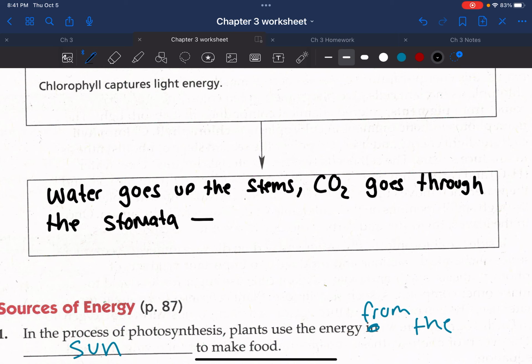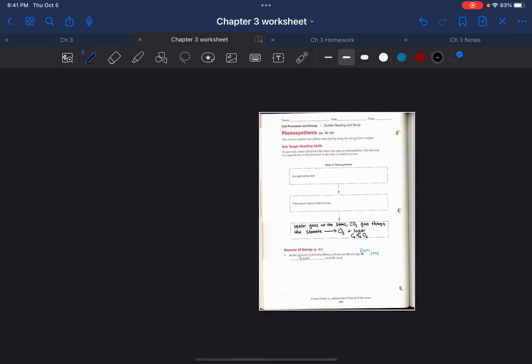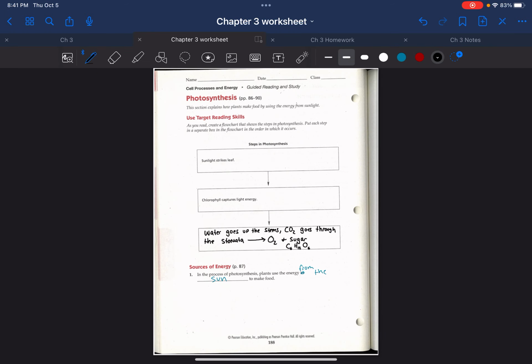And then do you guys want to use an arrow to show what it yields? Look at us using our science words. It yields oxygen and sugar. But if you want to be a big kid about it, you could see that C6H12O6. Okay, wonderful.